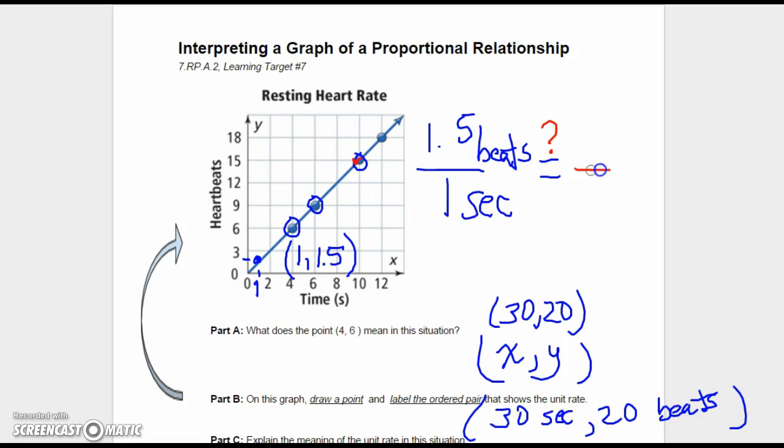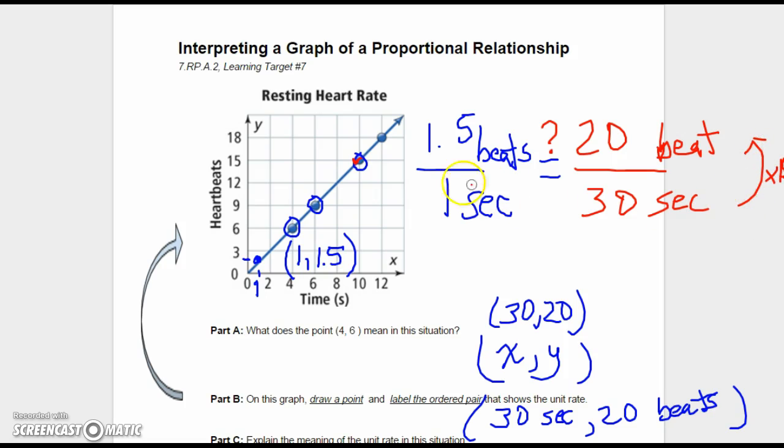So I've got a test. Is 30 seconds and 20 beats, does that hold the same relationship here of 1.5 beats for every 1 second? And I can see that no, it doesn't. If I have 30 seconds, I need to have 1.5 times that.